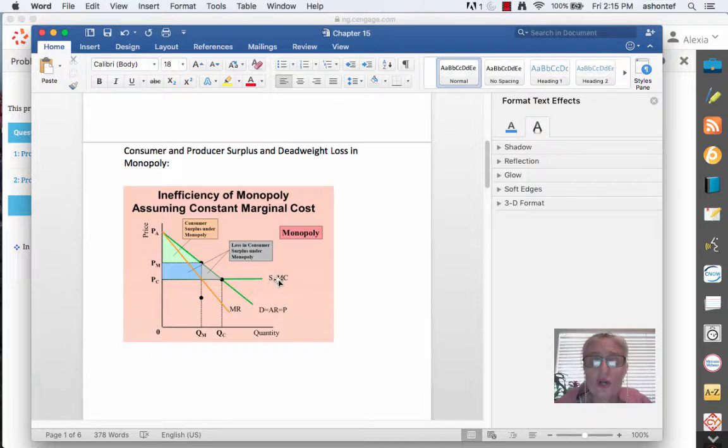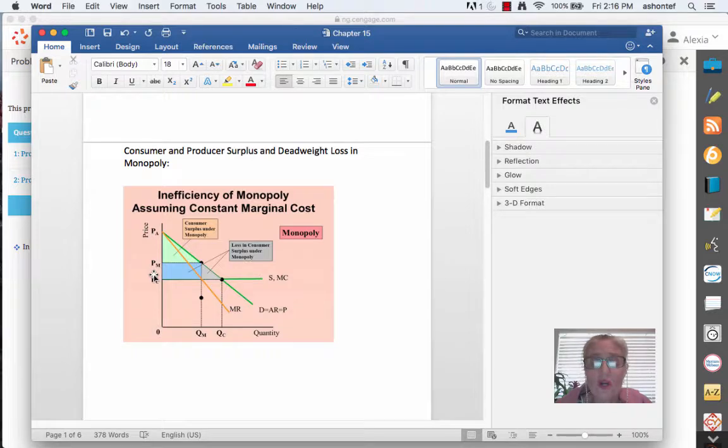So their marginal cost curve is representing their supply curve. It's one and the same thing. In this case, because the marginal cost does not change, their supply curve or marginal cost curve is this straight horizontal line. It's a constant, won't change.